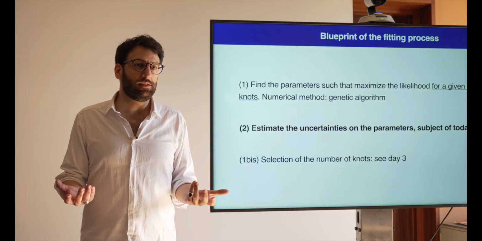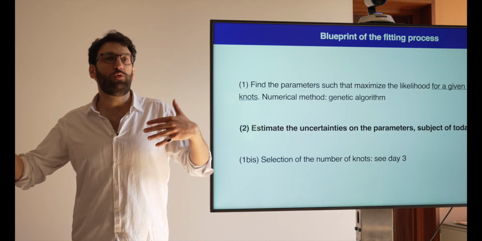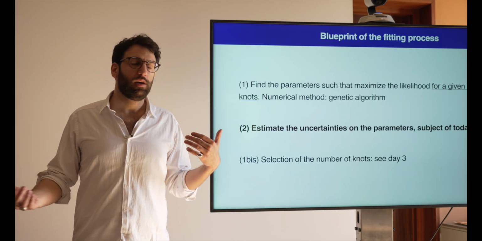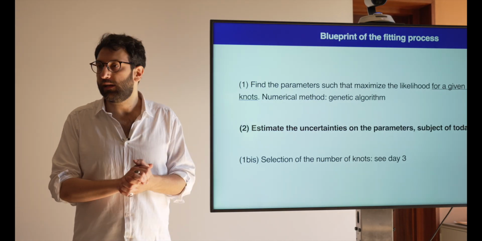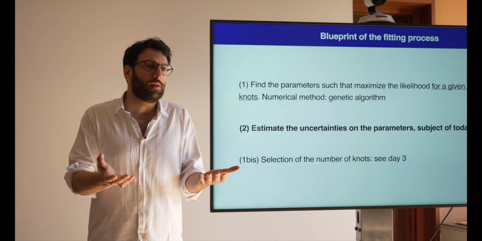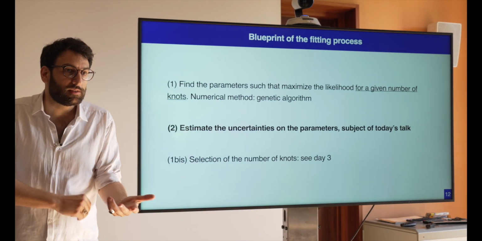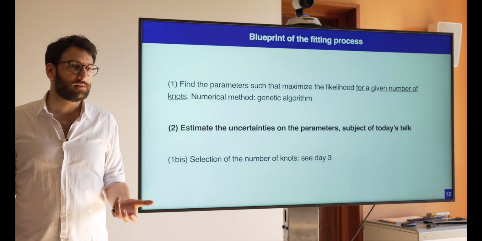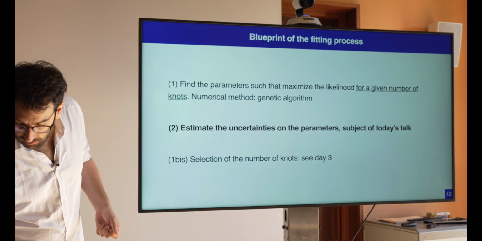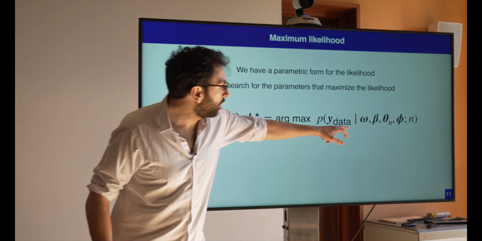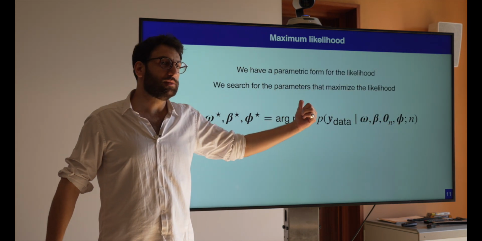You have an uncertainty because the geological data is polluted by other things. Maybe the response is not completely linear. And in general, when you estimate stuff from data, the data is not perfect. So you have some error bars, some uncertainty, and you want to see what is the range of parameters which is still compatible with the data.